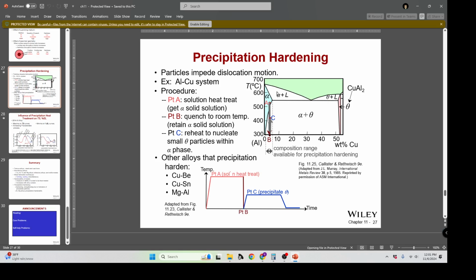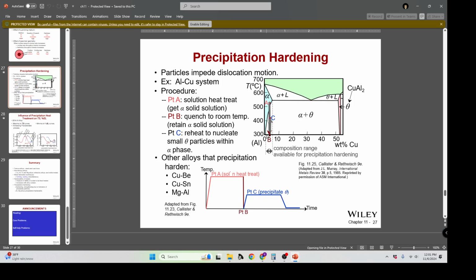So precipitation hardening means cooling it down and then allowing these precipitates to form. Depending on how quickly you cool, different precipitates can form. You can also heat treat, and then you form precipitate at a lower temperature typically.